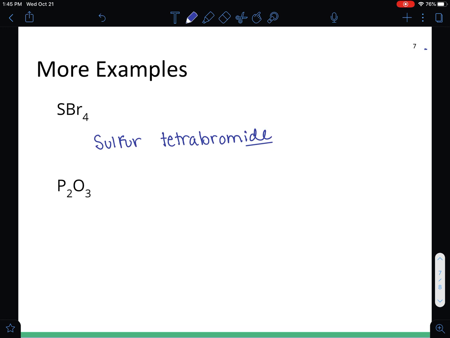Then P2O3, phosphorus is P, and because we have 2 of those, I'm going to use the di prefix. And oxygen comes second. Since there are 3 of those, it will be trioxide.